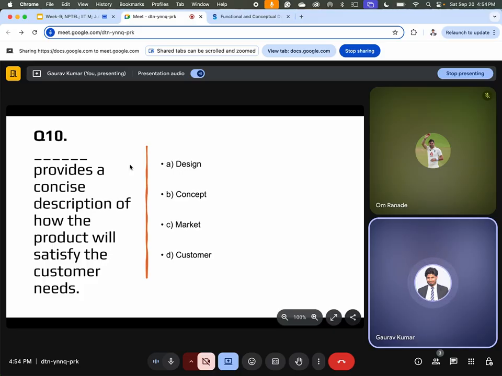Neither market nor customer descriptions provide this structured connection. Only the concept formally articulates the pathway from customer need to product satisfaction, making it central to the design process.